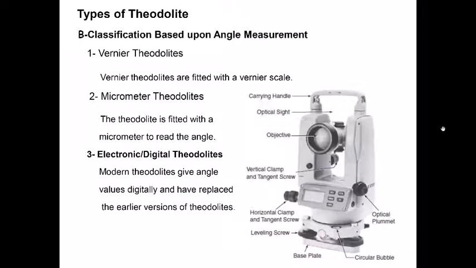So when you rotate your telescope through 180 degrees, that is called transiting.